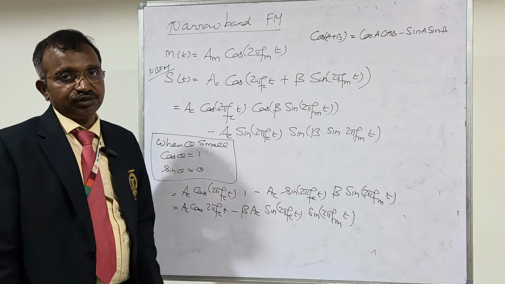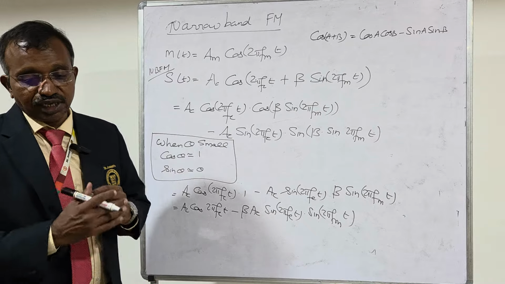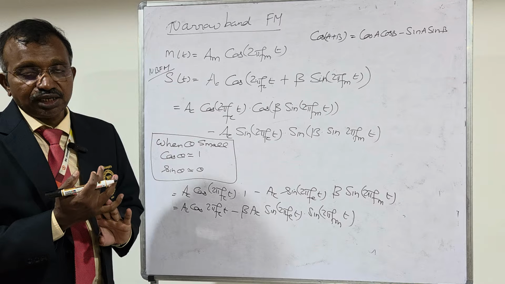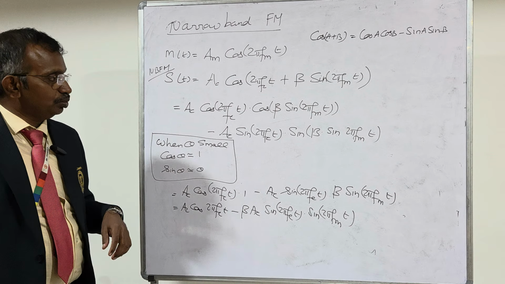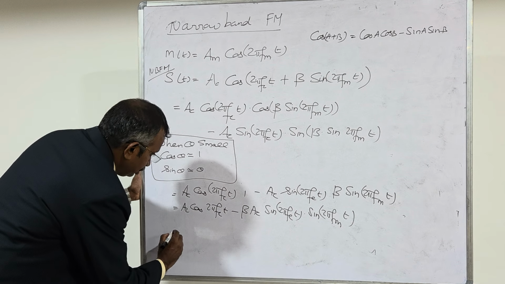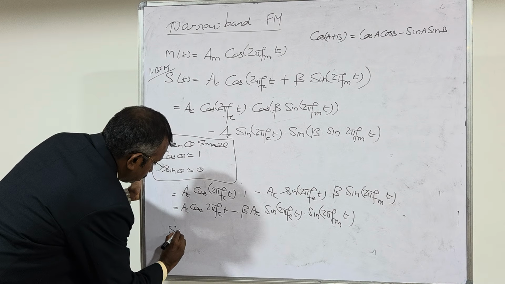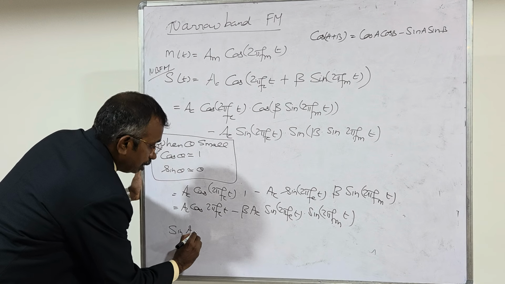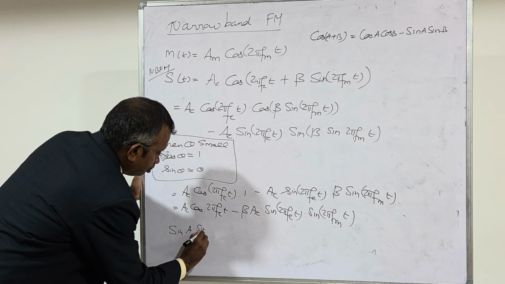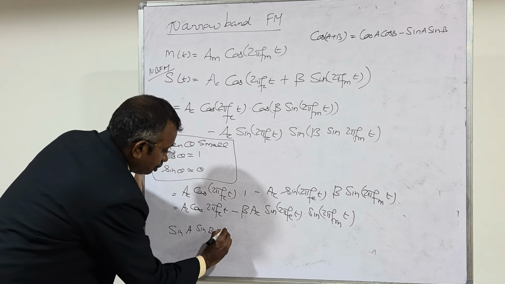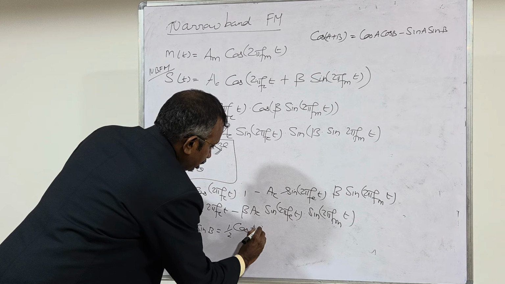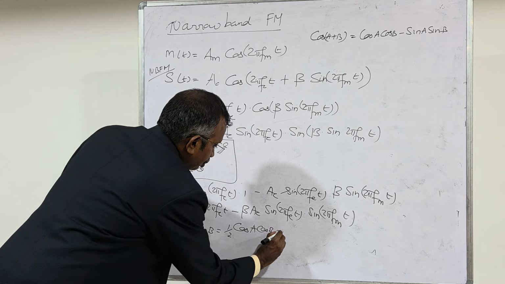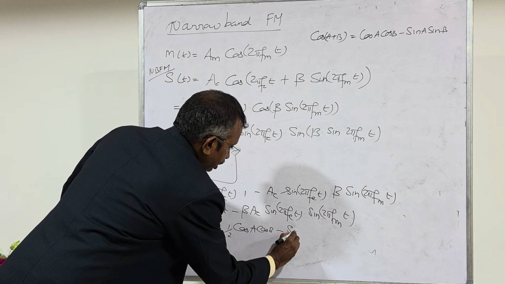So sin A sin B can be written as cos(A plus B) minus cos(A minus B), divided by 2. Sin A sin B is equal to 1 by 2 times cos(A minus B) minus cos(A plus B).